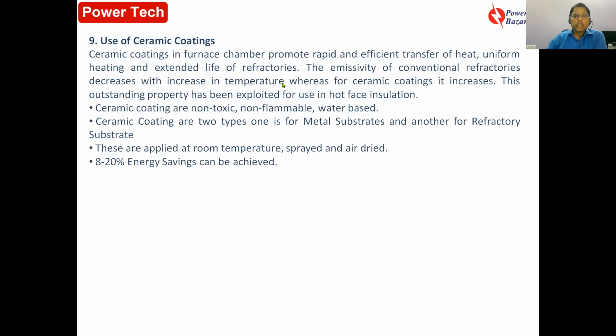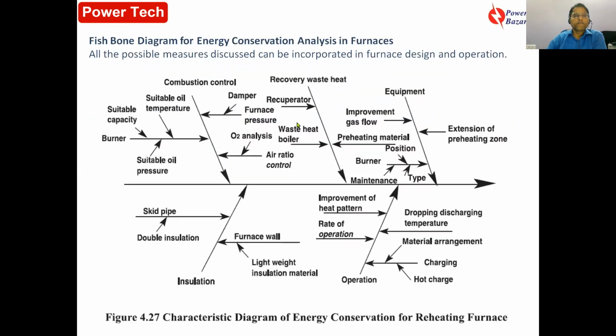So this good emissivity property of the ceramic coating is utilized to save energy. Almost 8 to 20% of energy saving can be achieved using ceramic coatings. So ceramic coating is also a good example for energy saving and can be tried in your different plants to save energy.